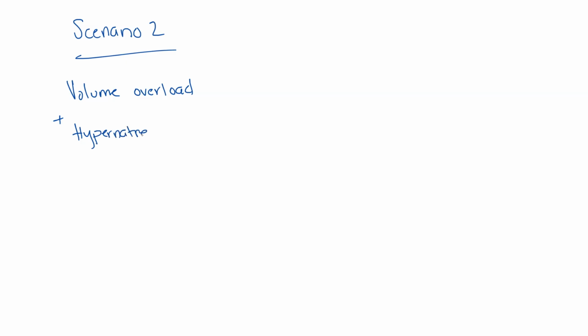Now, the final scenario that I want to bring up is scenario 2 here, your volume overloaded patient plus hypernatremia. This is a situation that we run into where you have a patient who is total body up, but they're also hypernatremic.